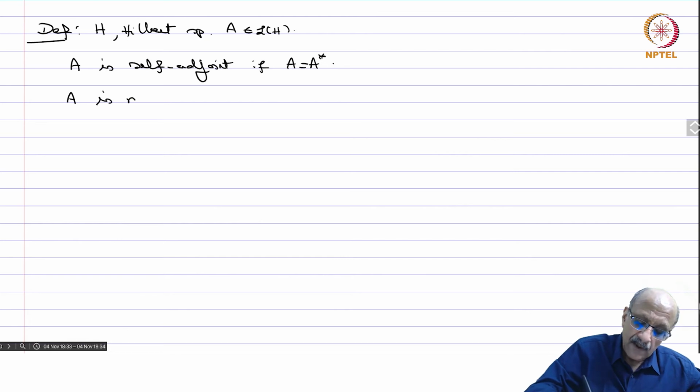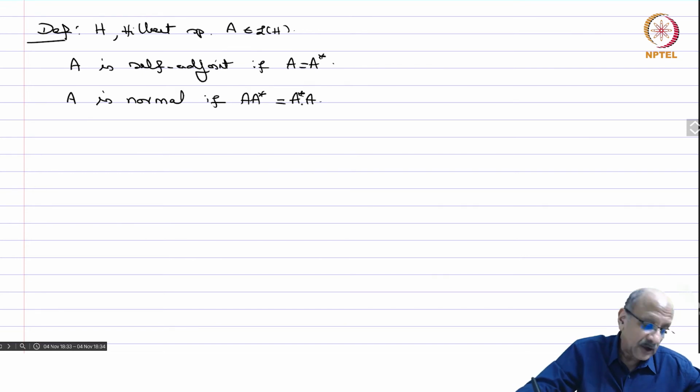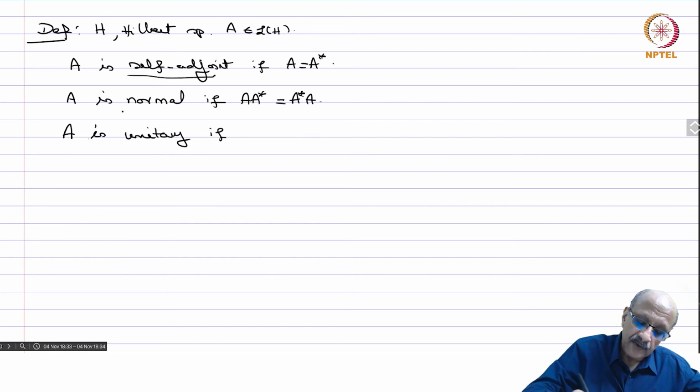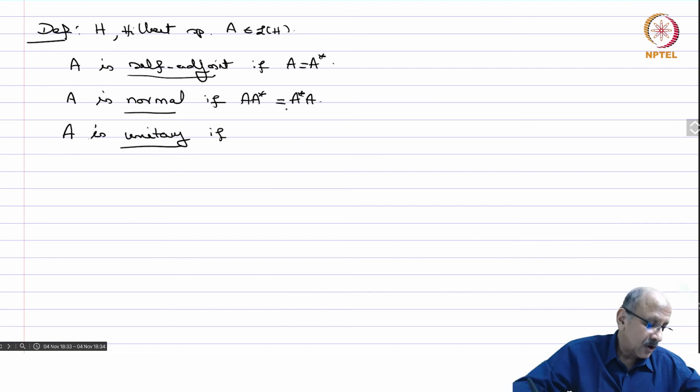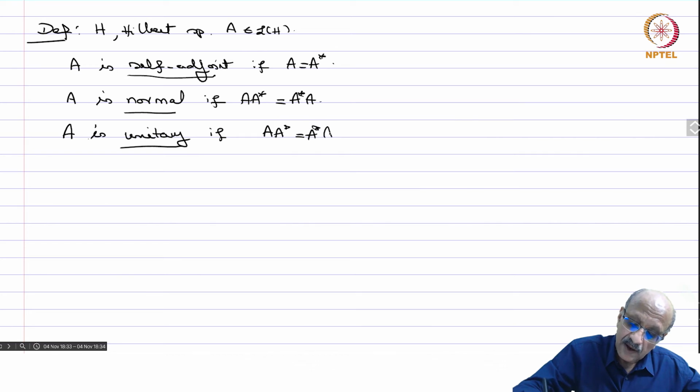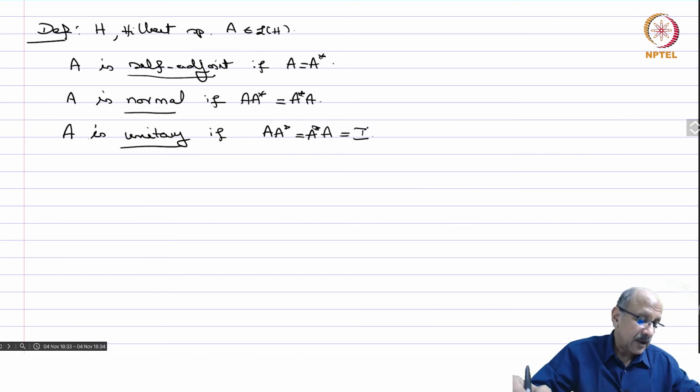A is normal if A A star equals A star A. So self-adjoint is in particular normal. And A is unitary, it is called a unitary operator, if A A star equals A star A equals identity. So this is the standard definition of this thing.